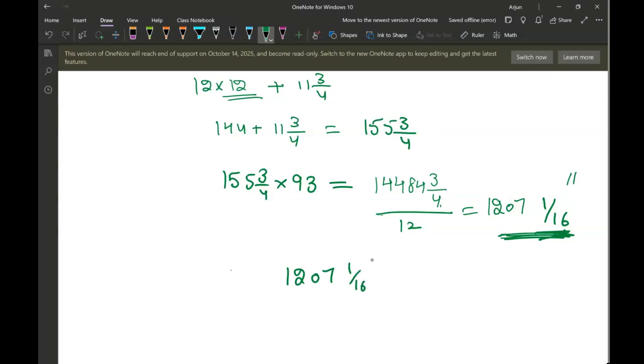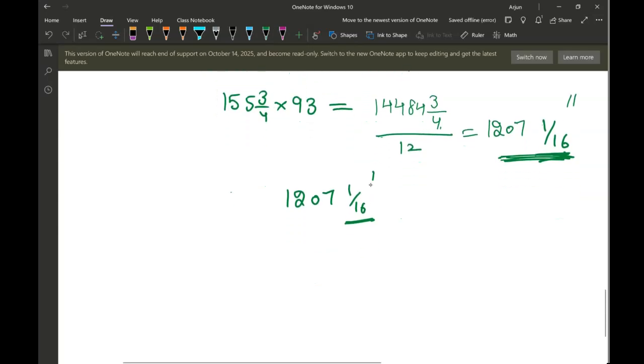Now I will take this fractional portion and convert it into a decimal number. Shift S-D. This converts into the decimal number, which is equal to 1207.0625.